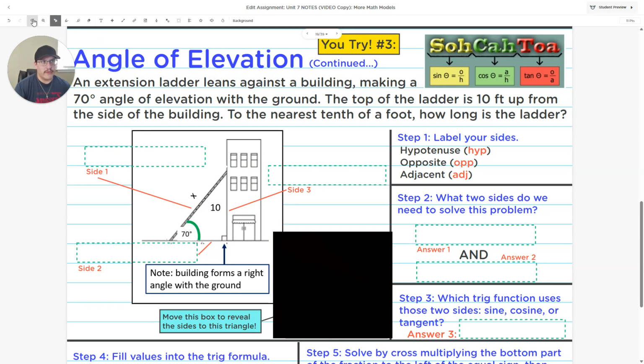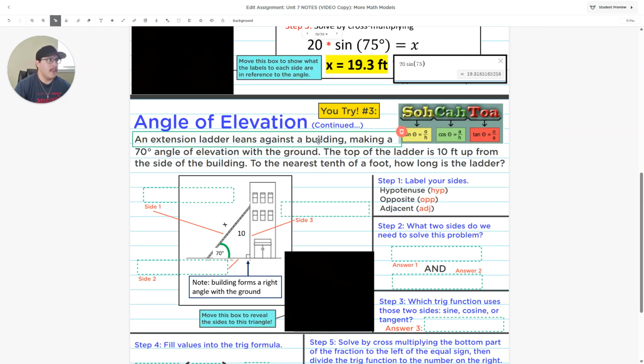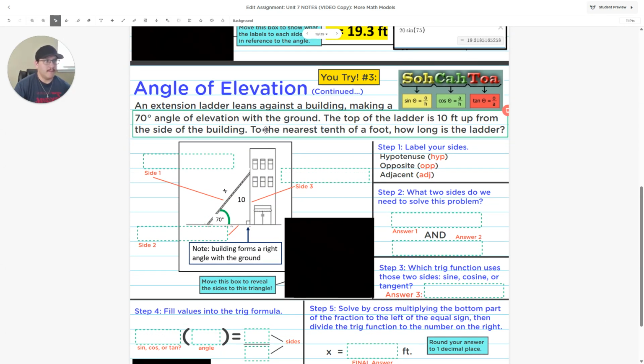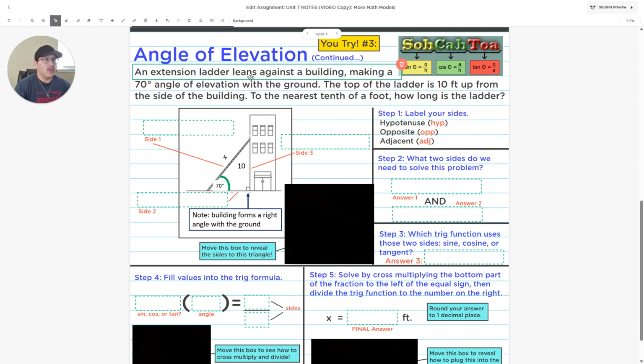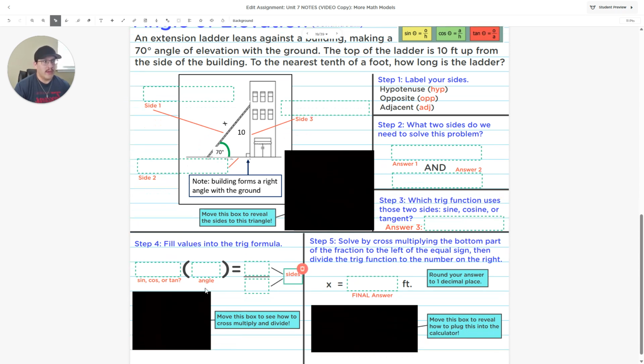Scroll down and you will see the next problem. You try number 3. Read through the problem, label your sides, figure out which two are needed to solve, figure out which trig function that's associated with, and then step 4, fill out the values in the trig function.